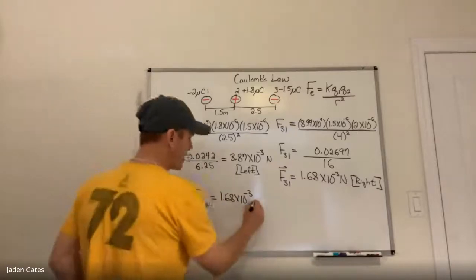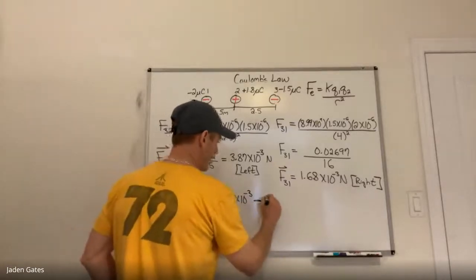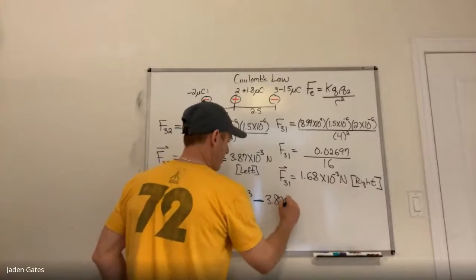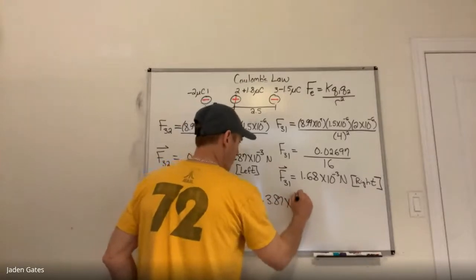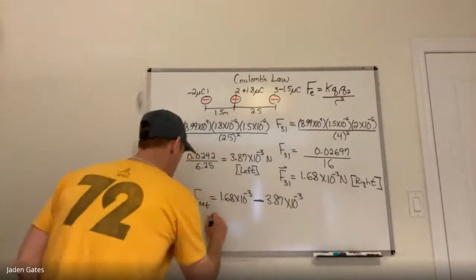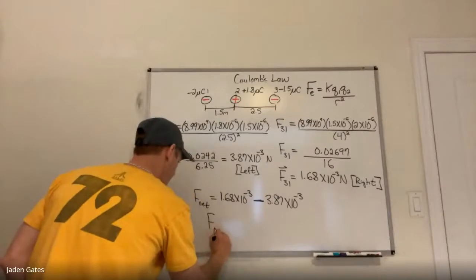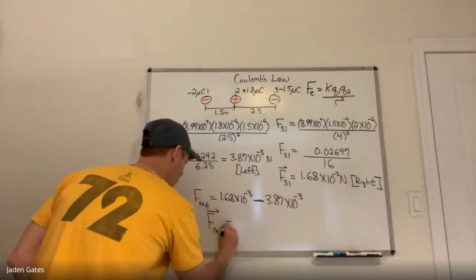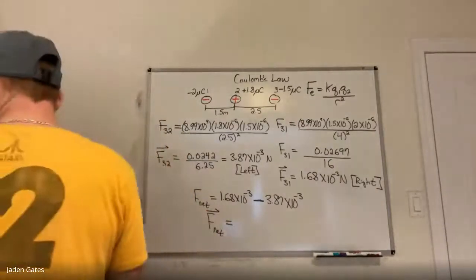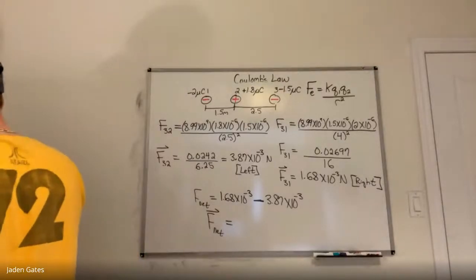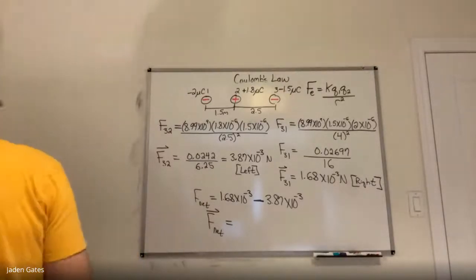Left I'm going to say is negative, so there's my big minus sign, 3.87 times 10 to the power of negative 3. I subtract those. And I'm going to put a big vector symbol on there.